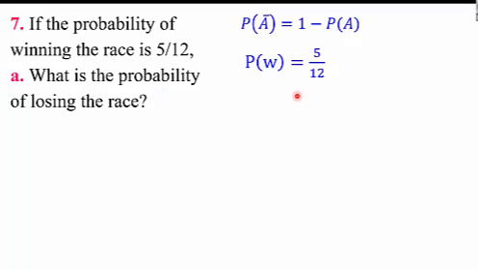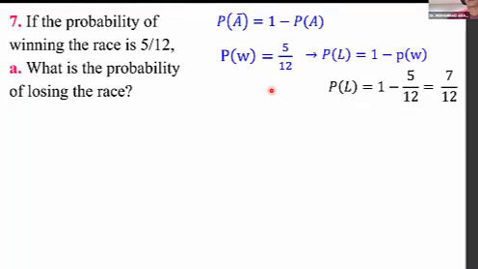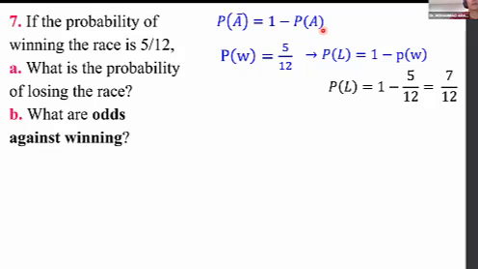Probability of losing would be 1 minus that. And I'm hoping nobody has any problem with fractions. 1 is 12 over 12 minus 5 over 12 is 7 over 12. Complementary events. And here's the definition of that.